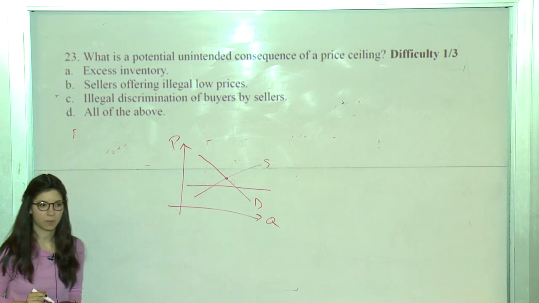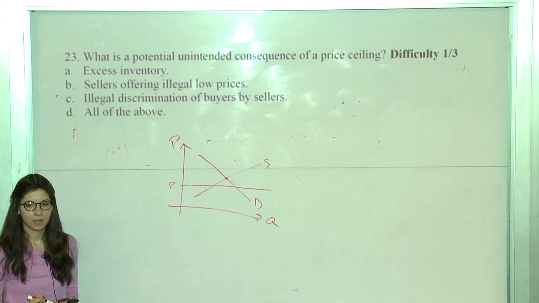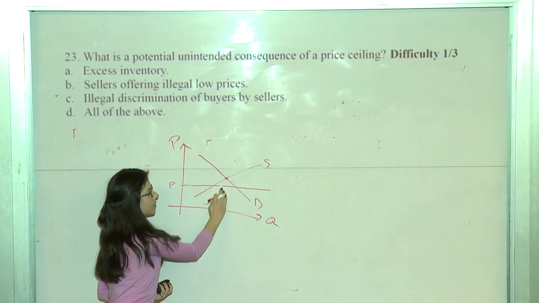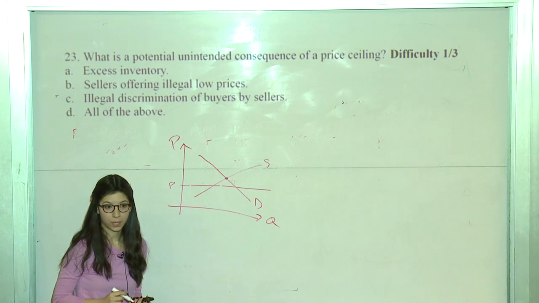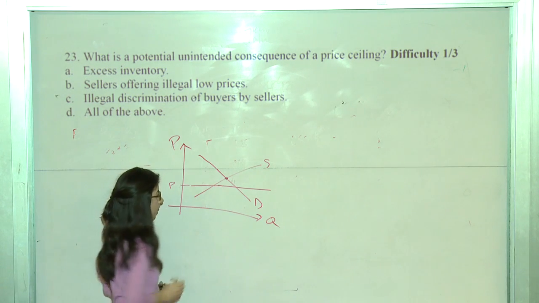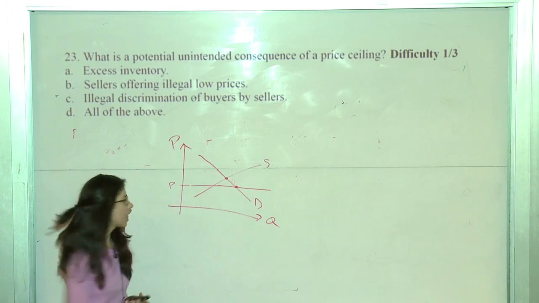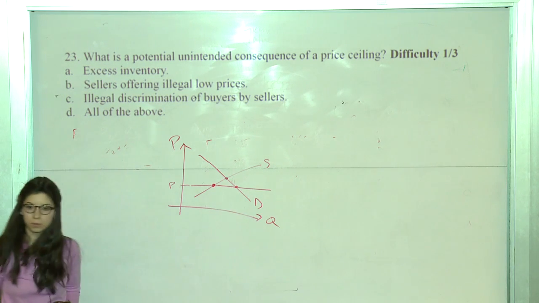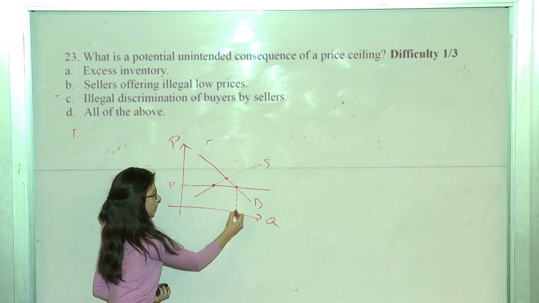exceed this price. Okay, there's this price right here, and we're locked in. We can't go above. In other words, we can't reach that equilibrium point. So we're stuck here. In other words, we're stuck at this point on the demand curve and this point on the supply curve, which tells us the following.